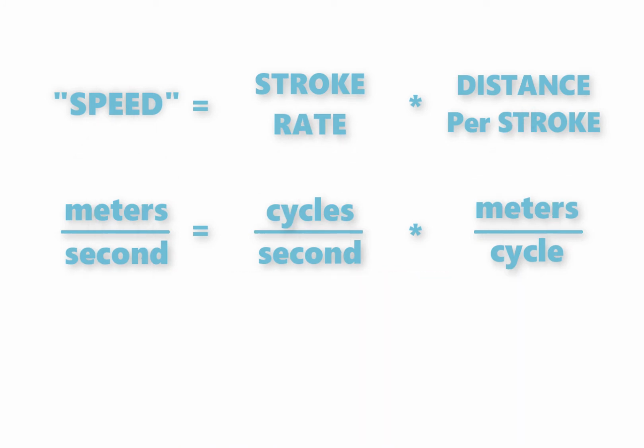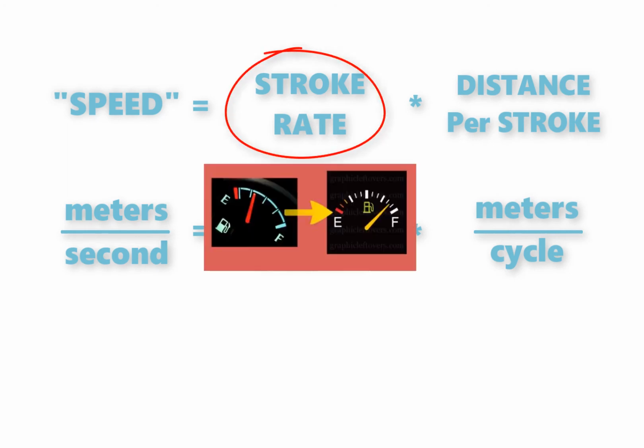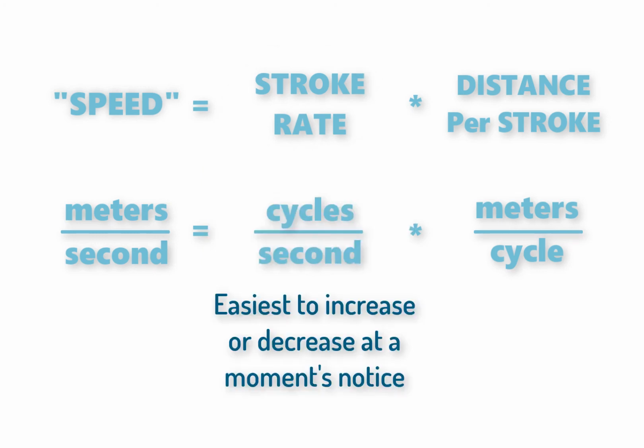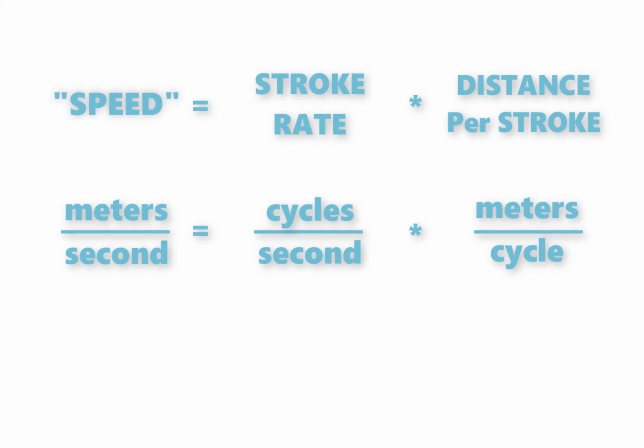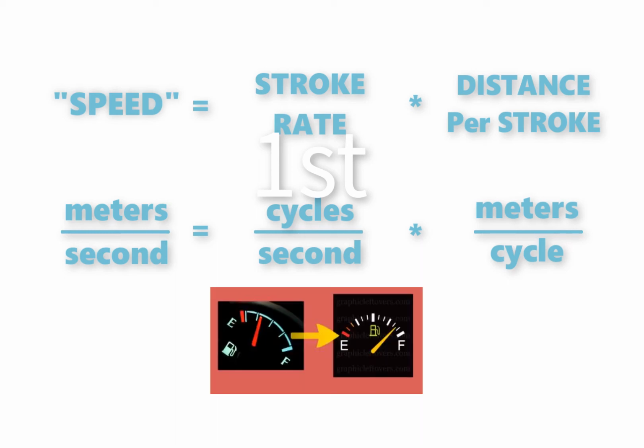But now, after all we've talked about, since stroke rate impacts energy the most, but is also the easiest to increase or decrease at a moment's notice, then if we can optimize stroke rate first, then we will be using less energy while we paddle. And as a byproduct, we begin to better understand distance per stroke.